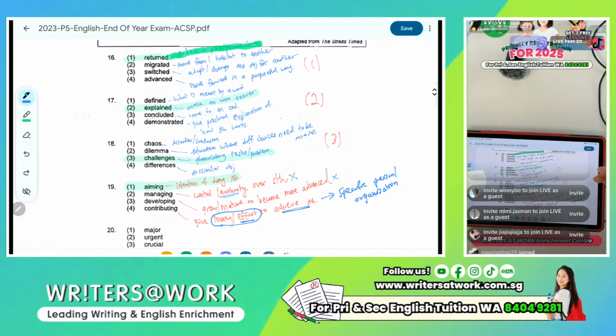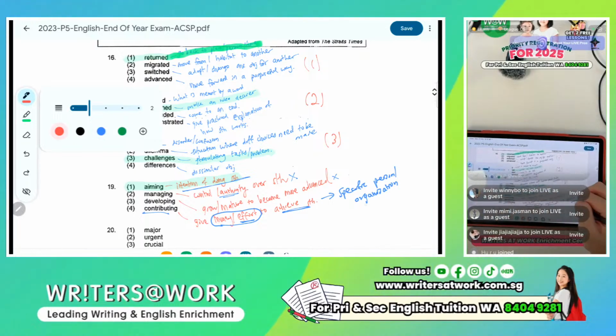If we say many households, then it is more likely that we can use contributing. If not, for a more general word, because of the context, we will use aiming or the intention to do something, which is option 1.